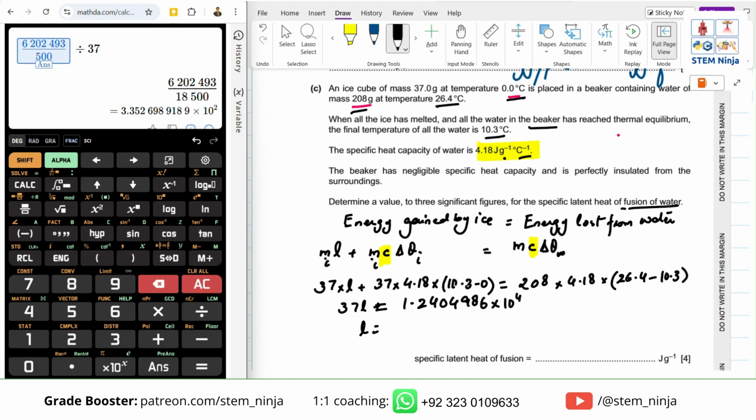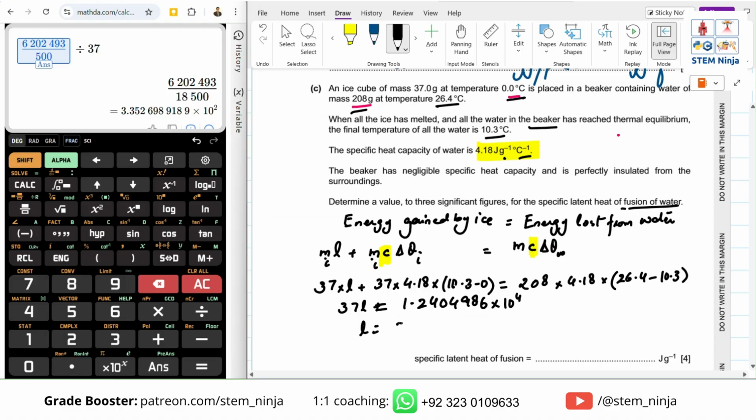So we get 335.2 joules per gram. So this would be 335.